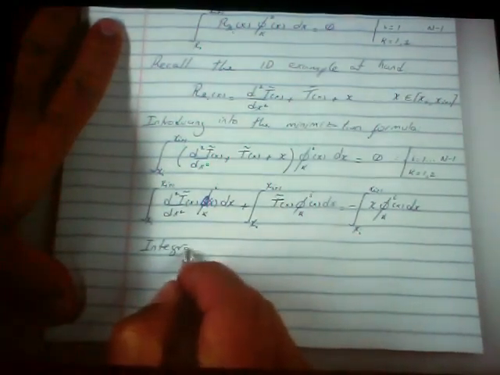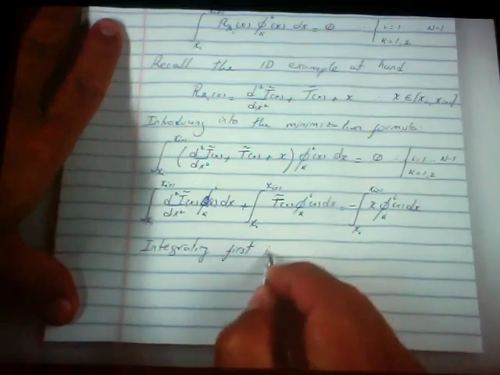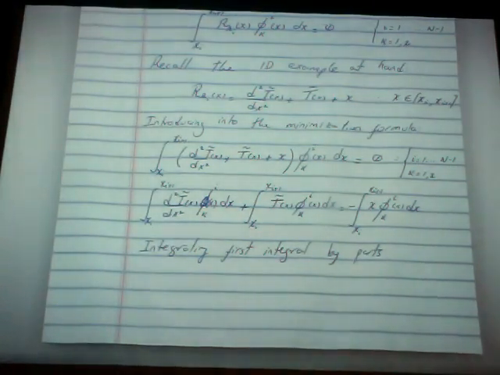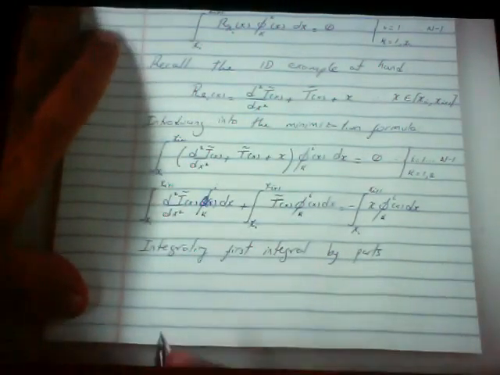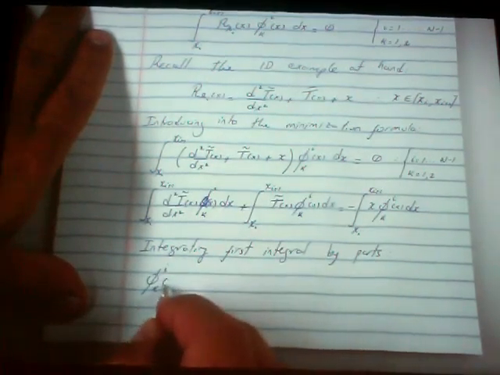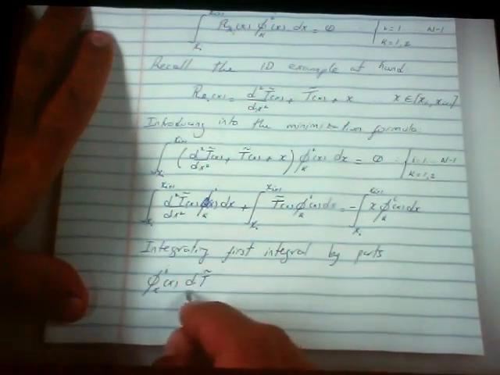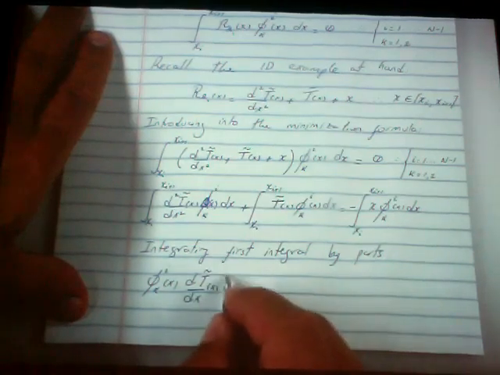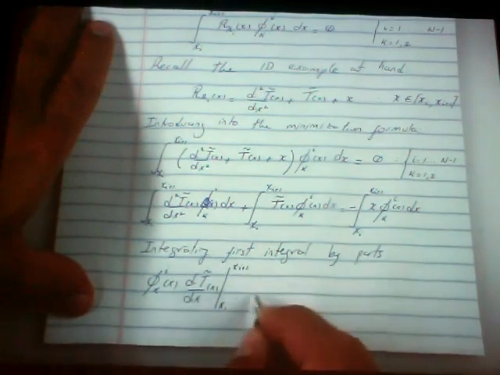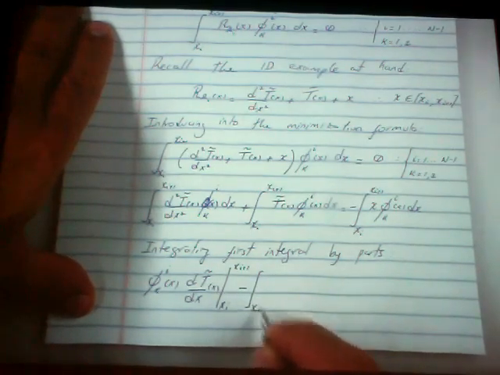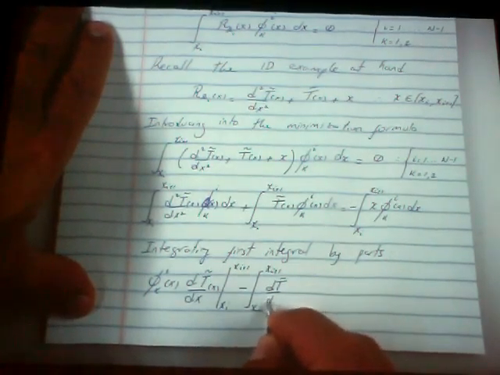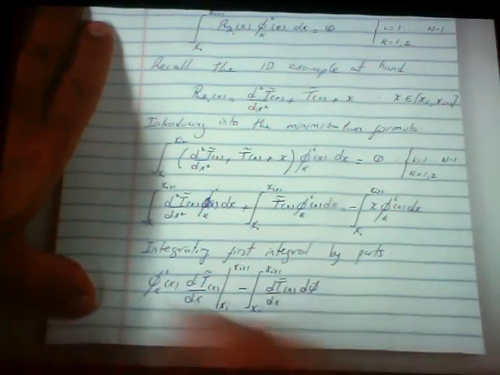Integrating the first integral by parts will result in the first derivative, evaluated, minus the integral between xi and xi plus 1 of the first derivative times the first derivative of these.